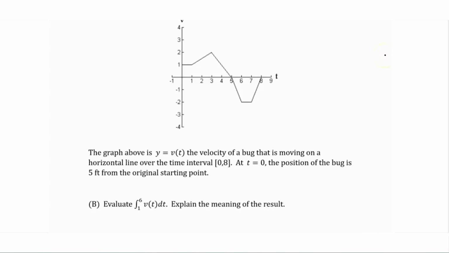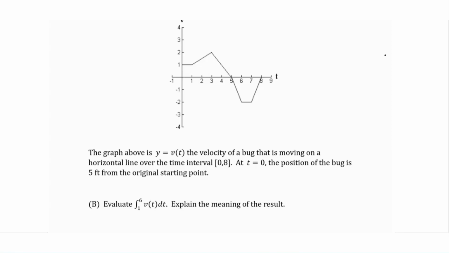In part B, we want to evaluate the definite integral from 1 to 6 of v of t dt and explain the meaning of the result. What we're going to do is accumulate the signed area from 1 to 6.